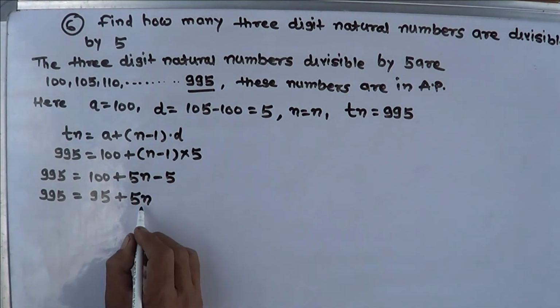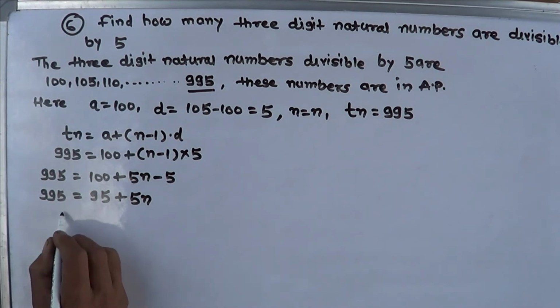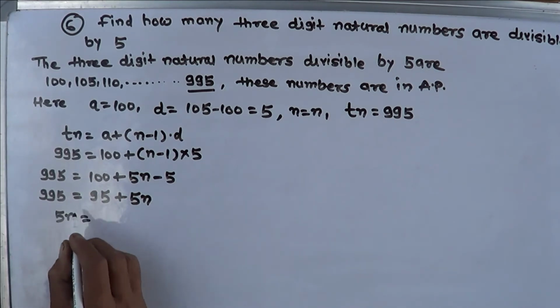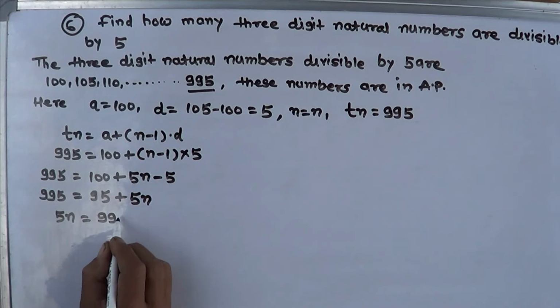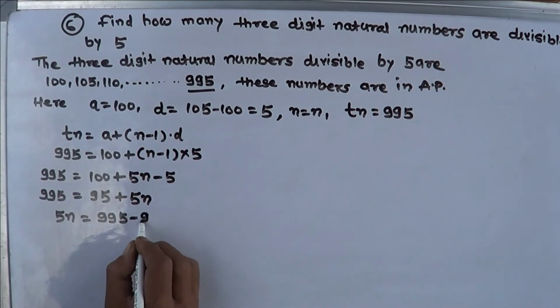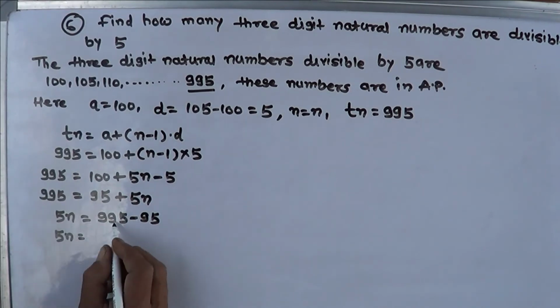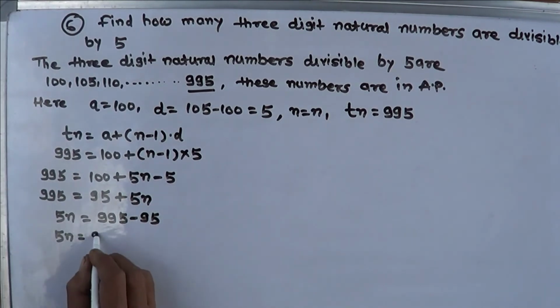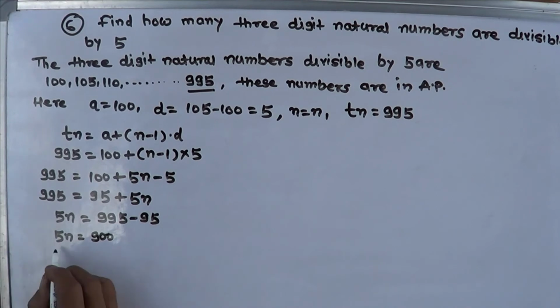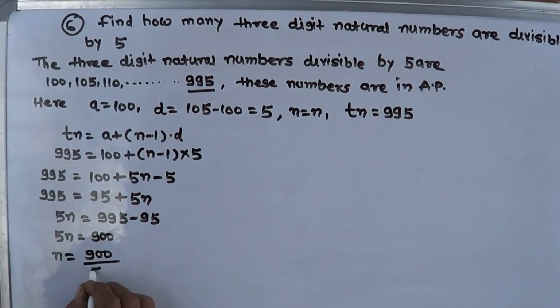Now we will find the value of n. So this will be 5n is equal to 995 minus 95. So 5n will be equal to 900, and so n is equal to 900 divided by 5.